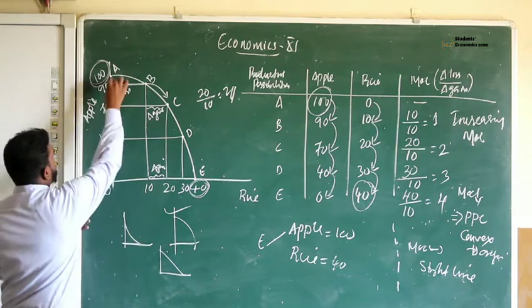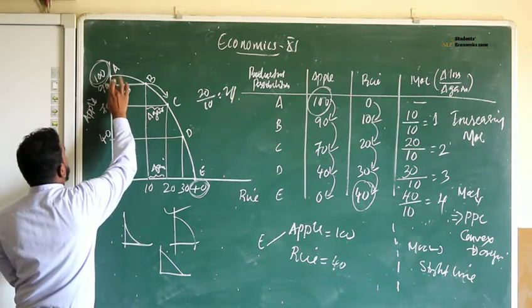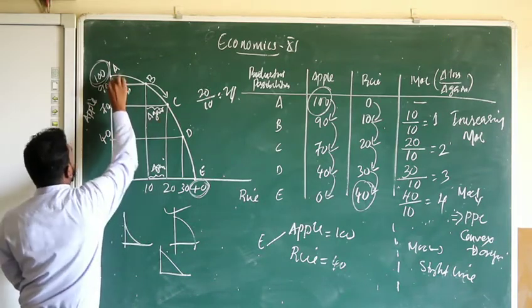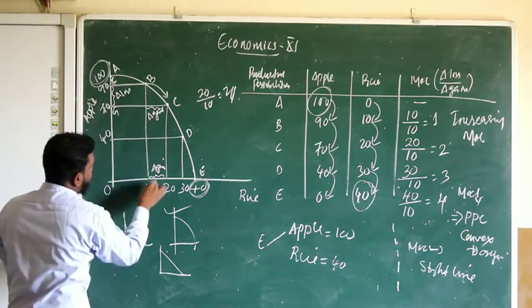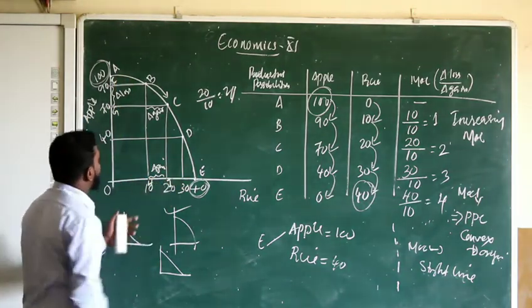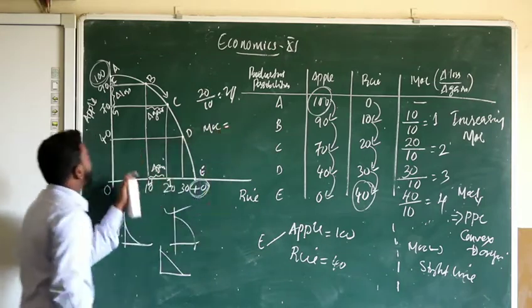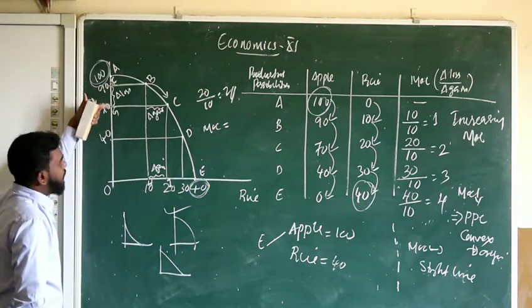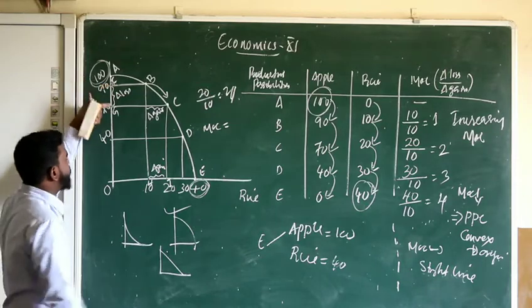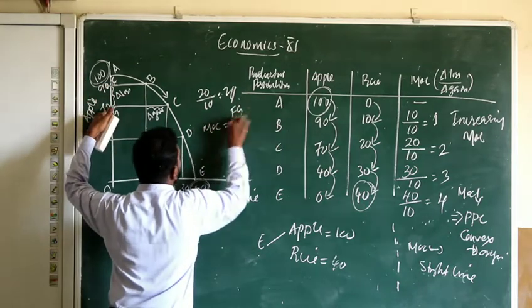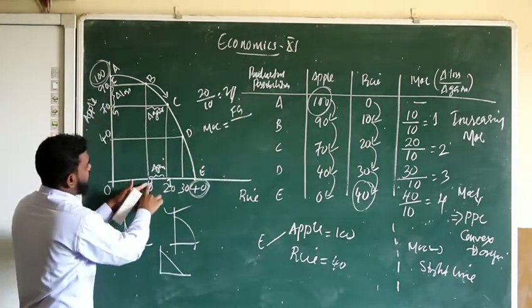Otherwise, if we use letters here, for example, here F, here G, here H, here I, then how can we calculate MOC? MOC is equal to delta loss, firstly we can write FG, that is delta loss, and delta gain, that is HI.